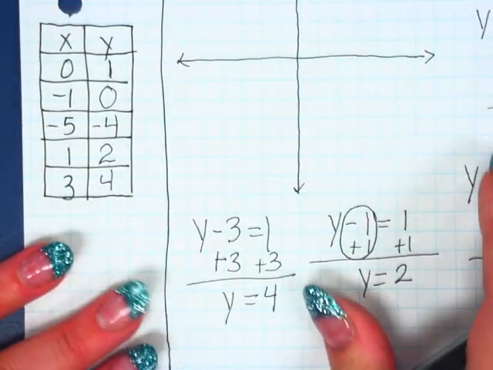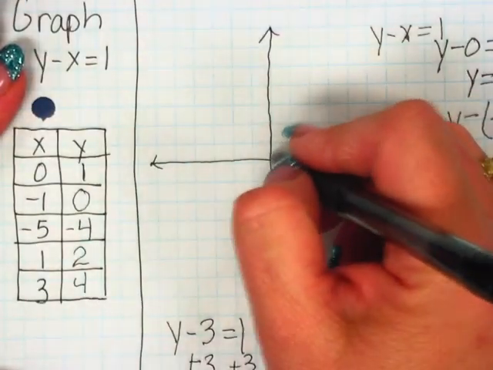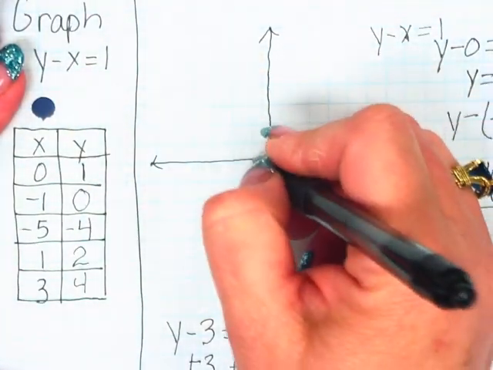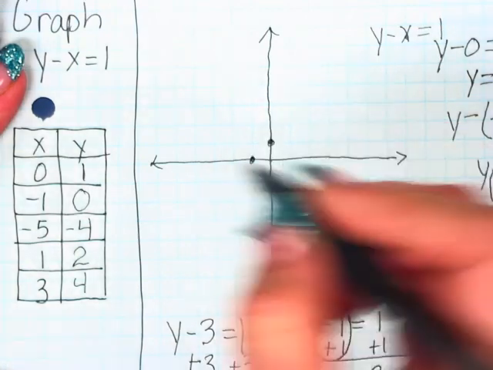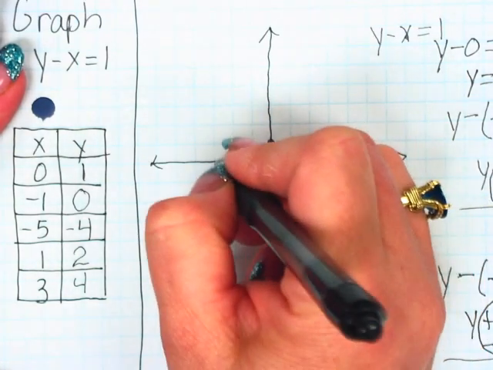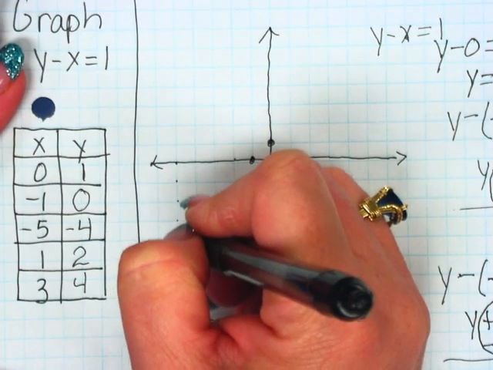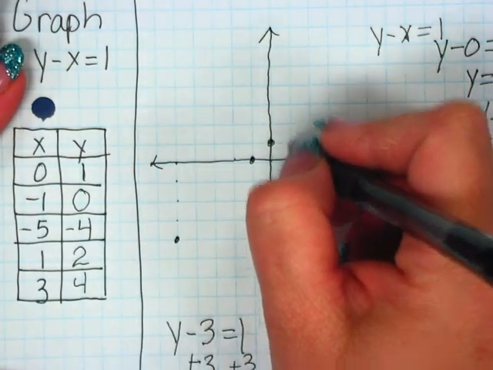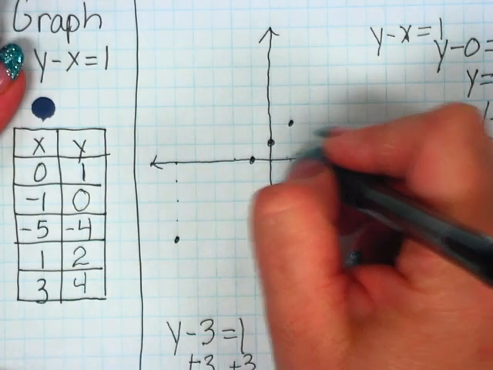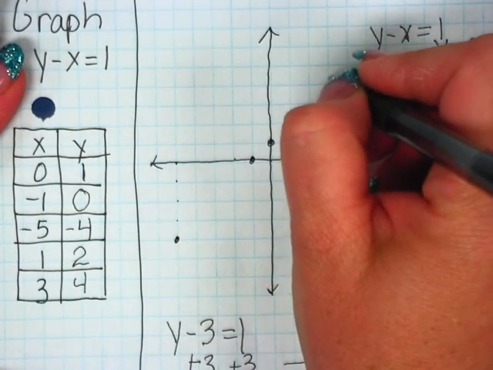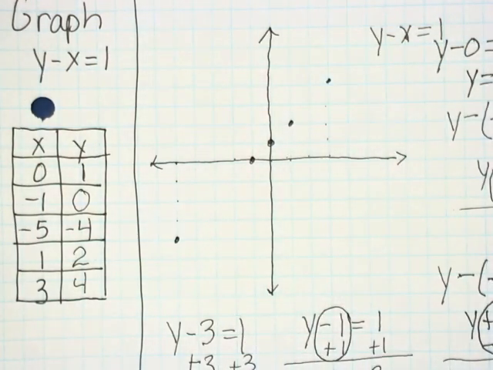Now we're going to graph this. So we have (0, 1), (negative 1, 0). We have (negative 5, negative 4): over 5, down 4. We have (1, 2) and (3, 4). Now what you should see is that it is a line. They should all be lined up.